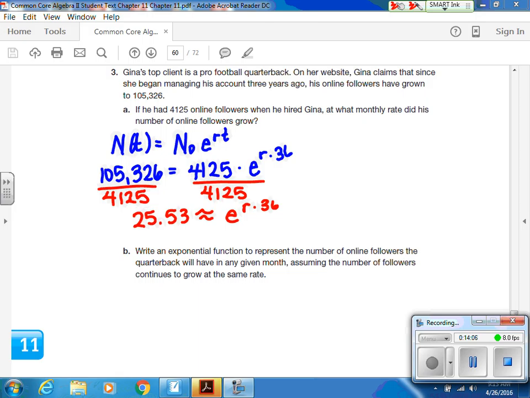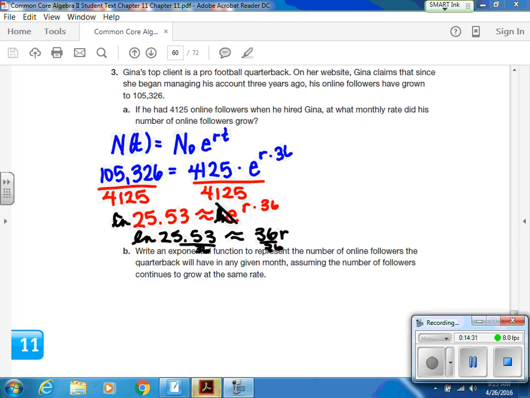Okay, so now what do I do? Natural log. Those go away. And I think I can get it here. Natural log of 25.53 equals 36r.